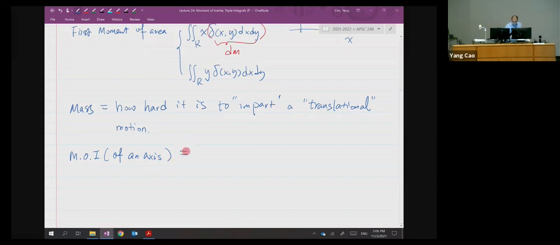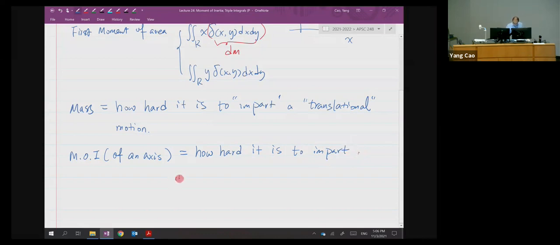If I use the same type of language here, then moment of inertia basically means how hard it is to impart... I want you to finish the sentence.